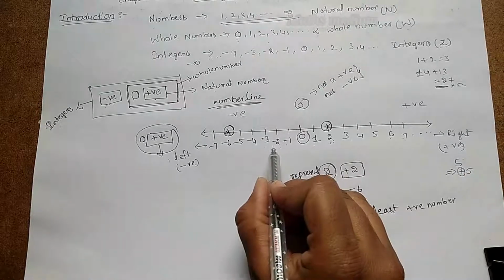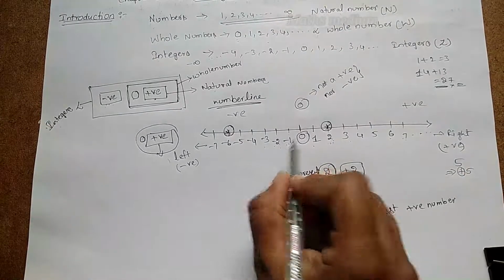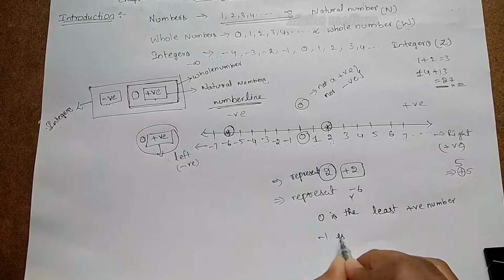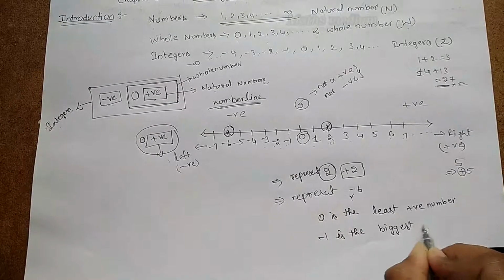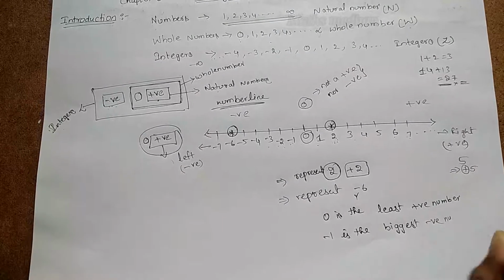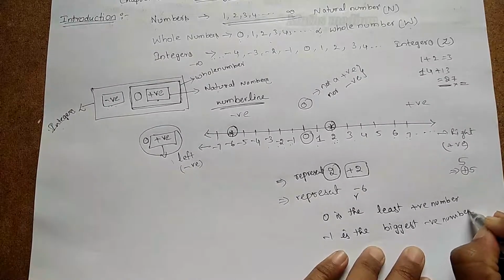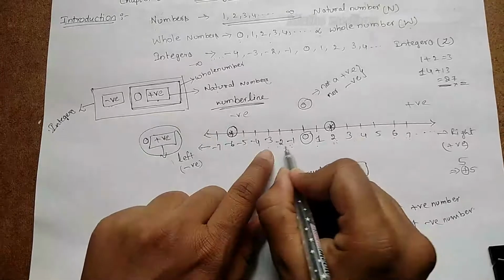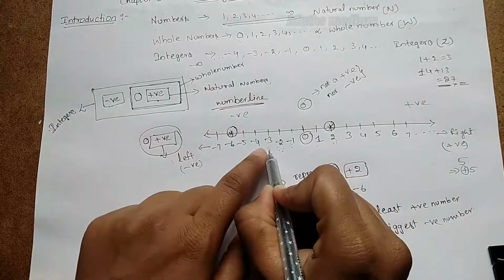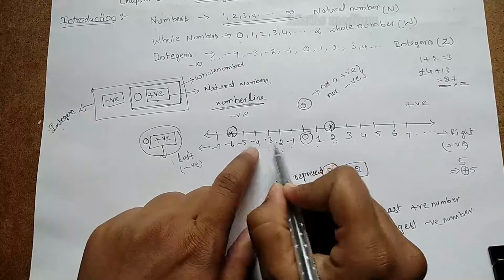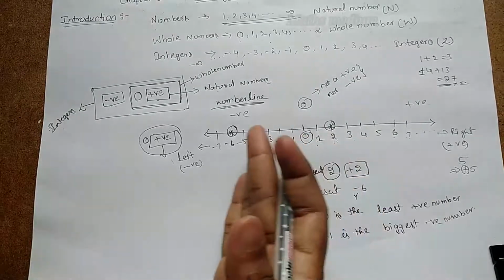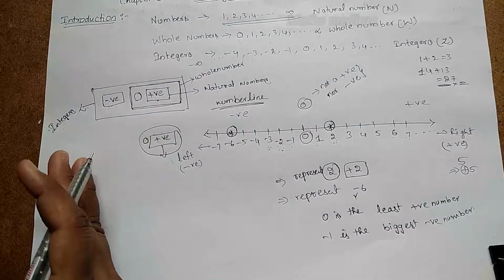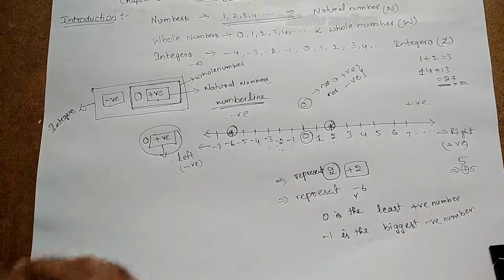If you take the negative side of the number line, -1 is the biggest negative number, because -1 is bigger than -2, -3 is smaller than -2, and -2 is bigger than -3, and -3 is bigger than -4. If we go on the left side with a negative symbol, the number reduces its value.